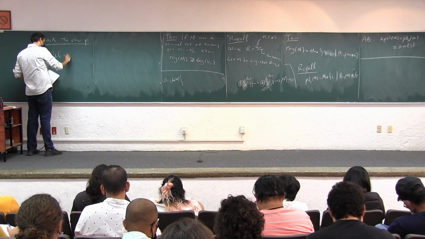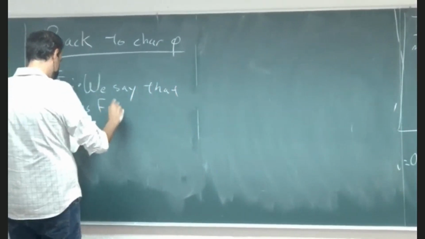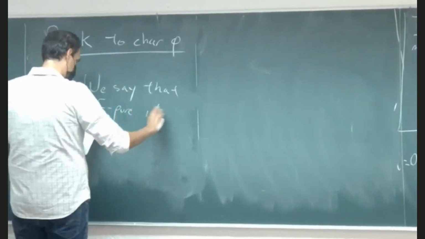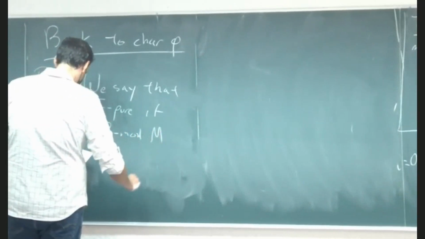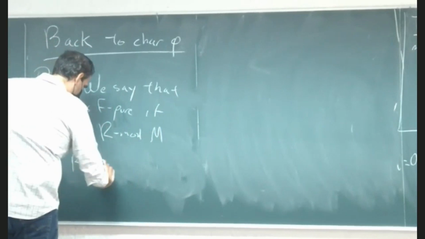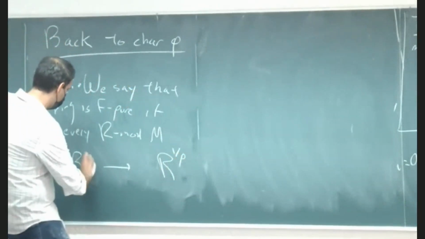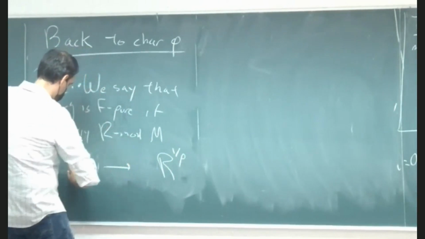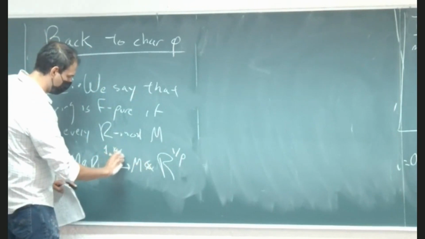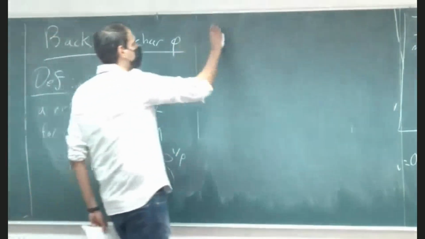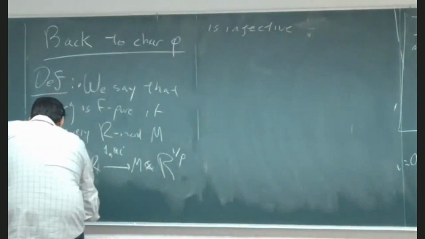We say that a ring R is pure if for every R-module M, the map from R to R^{1/p}, which we discussed yesterday, tensored with M, M tensor R to M tensor R^{1/p}, given by the identity tensor the inclusion, is injective for every M.